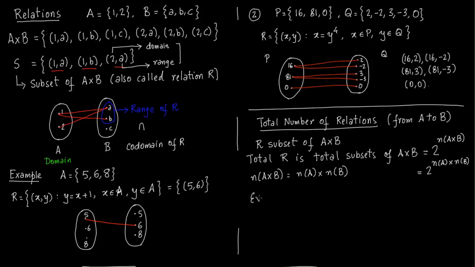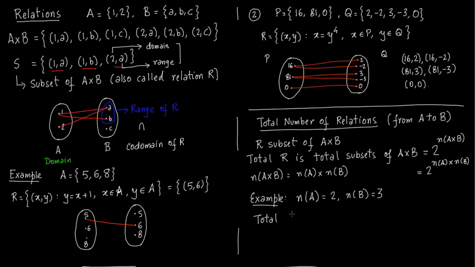Okay, so let us give an example so as to make things clear. Say the number of elements in A is 2, and the number of elements in B is 3. That comes to the first example where I have taken A as 1, 2 and B as a, b, c.